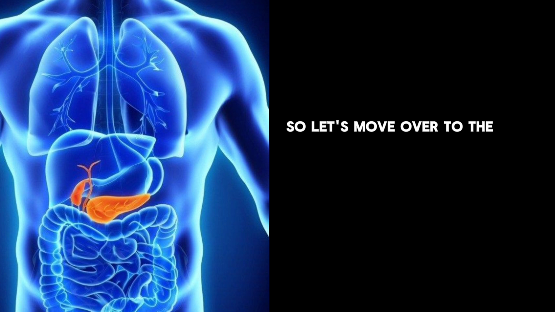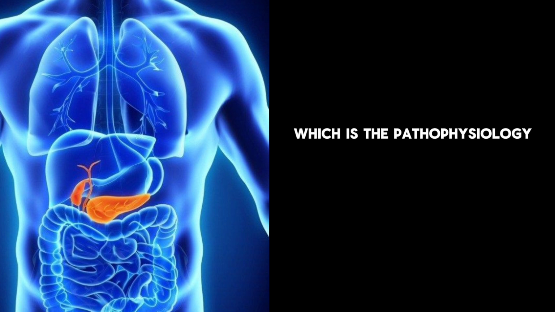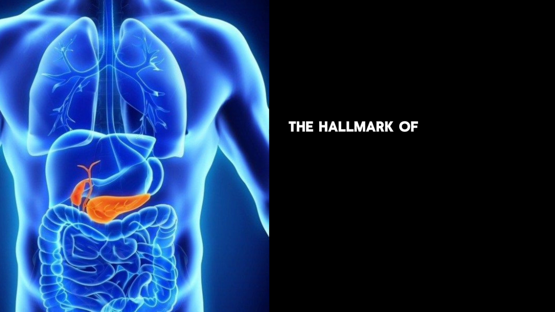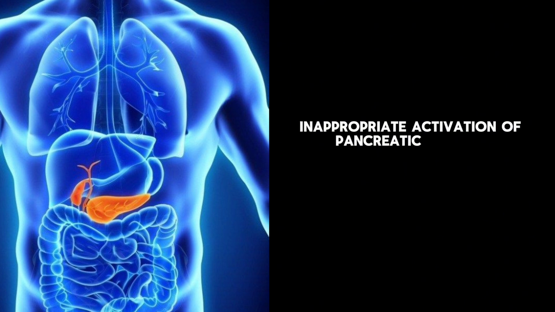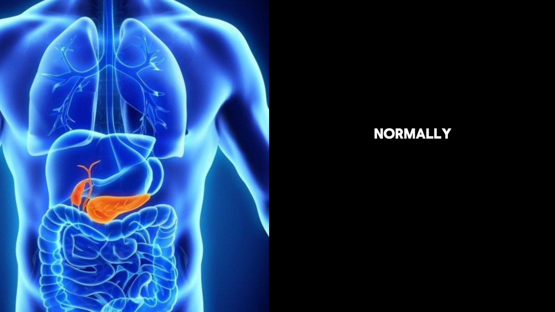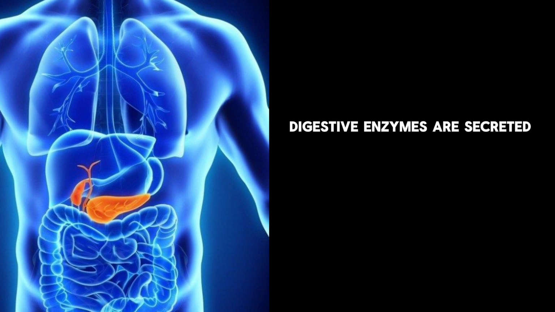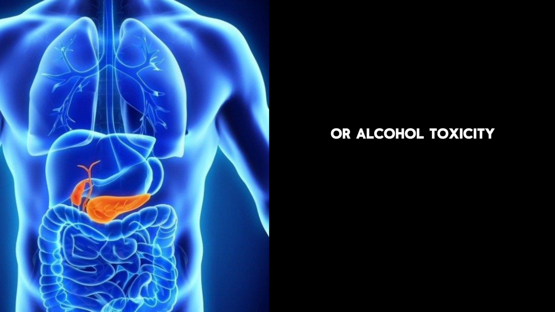So let's move over to the next section of this video, which is the pathophysiology. The hallmark of pancreatitis is the inappropriate activation of pancreatic enzymes. Normally, digestive enzymes are secreted in an inactive form and are activated only in the duodenum. In pancreatitis, triggers like duct obstruction or alcohol toxicity cause premature enzyme activation within the pancreas.